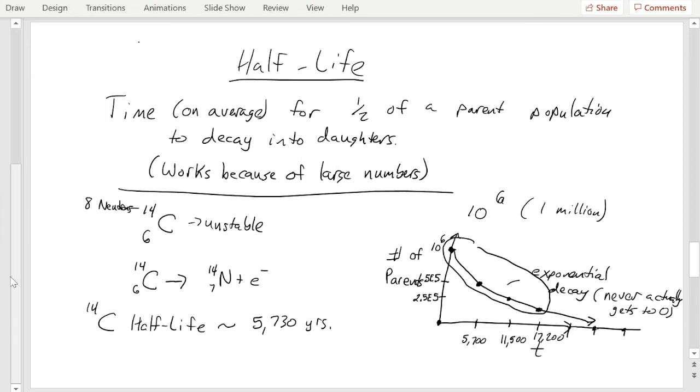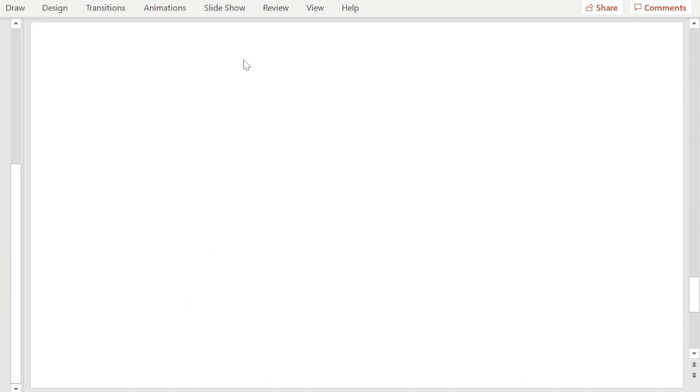All we want to do, and if I make this a little bit bigger, then the curve will stand out a little bit more. I'm going to try to make these increments as evenly spaced as possible. If I start here, then at the first half-life, I'll have half. Second half-life, I'll have half of that. Third half-life, I'll have half of that. Fourth half-life, I'll have half of that.